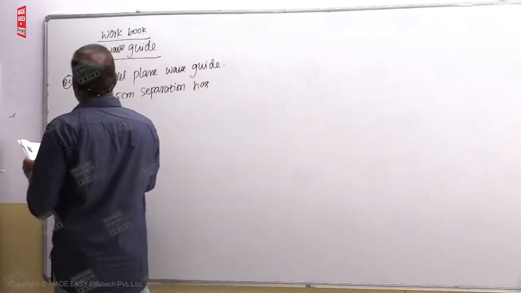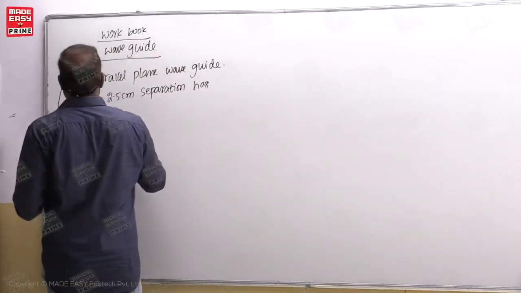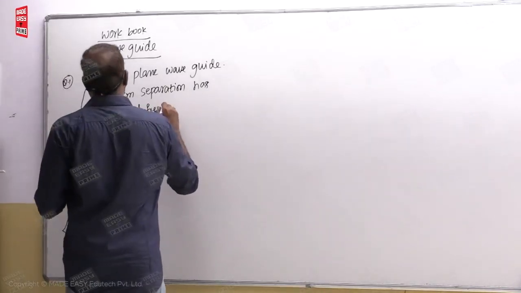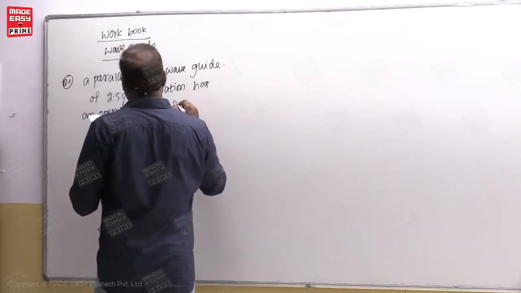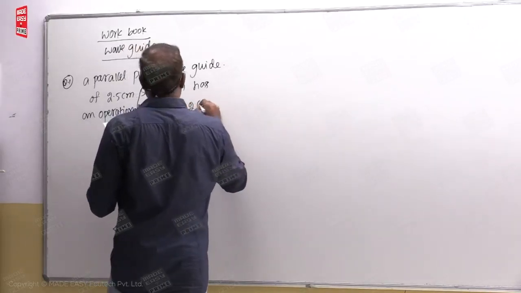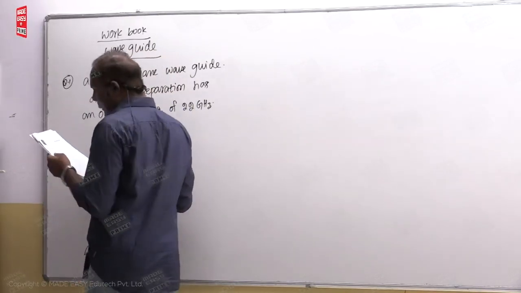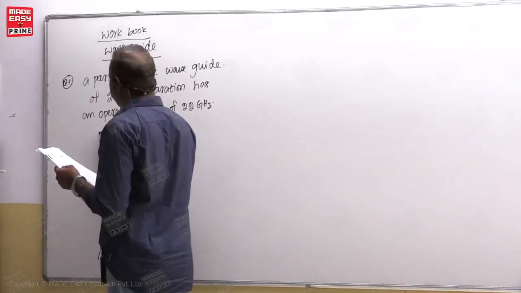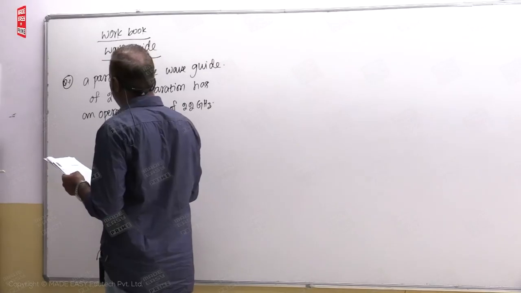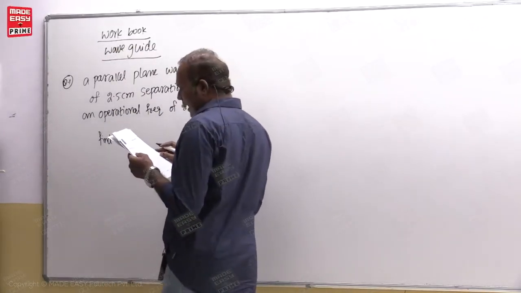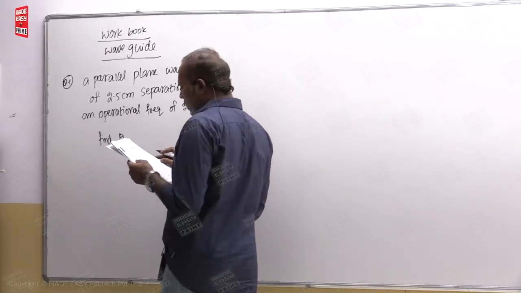has an operational frequency of 22 gigahertz. Calculate the wave angle. That means wave angle means theta. Calculate the wave angle if the guide is operated in first mode and third mode.